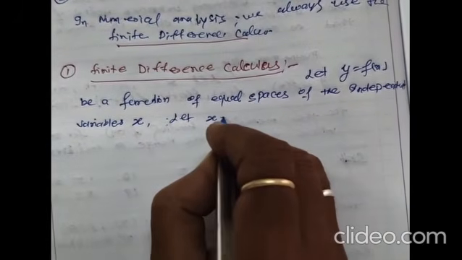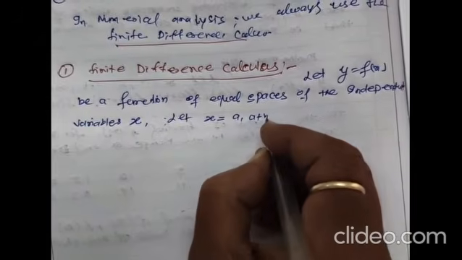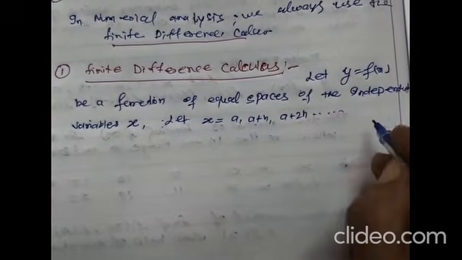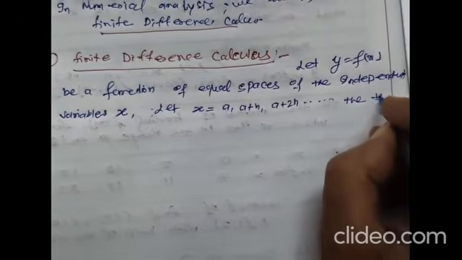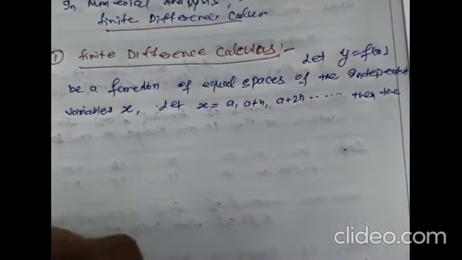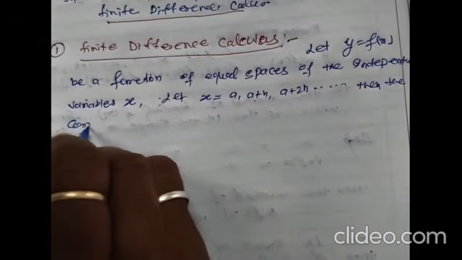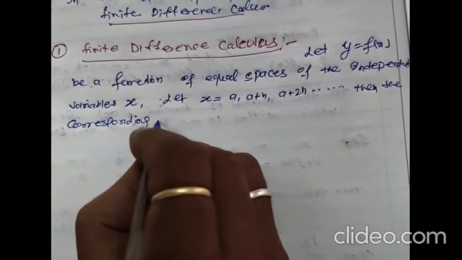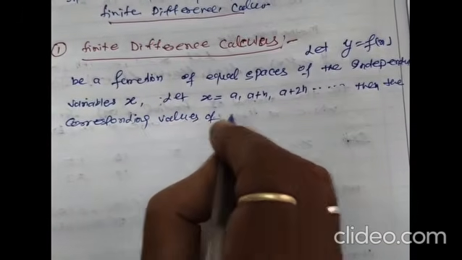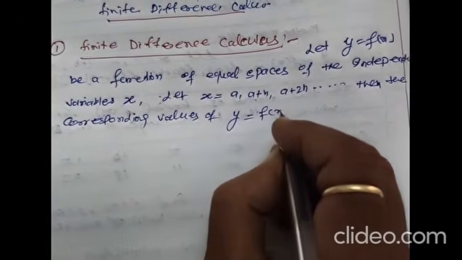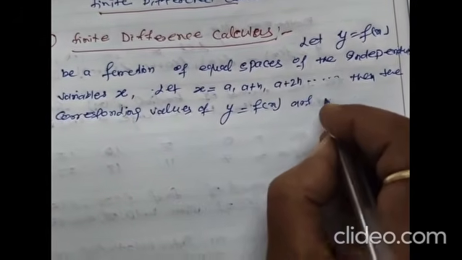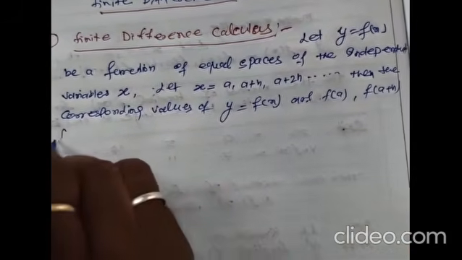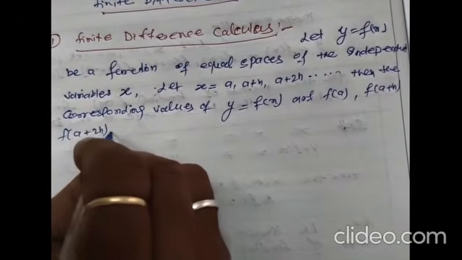Let x is equal to a plus h, a plus 2h, and so on. Then the corresponding values of y are function of a, function of a plus h, function of a plus 2h, and so on.